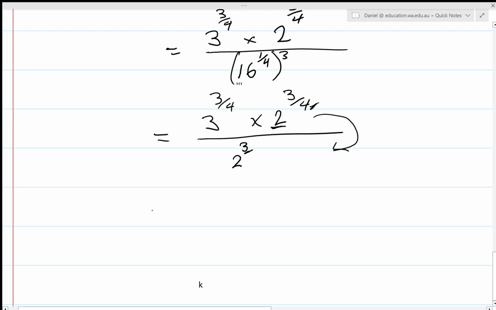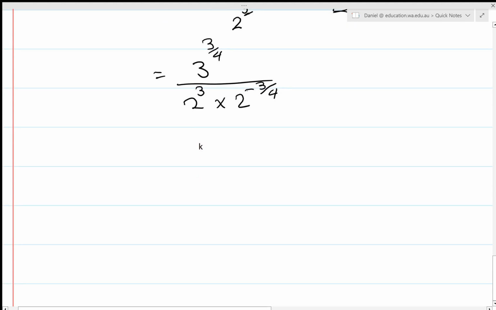Change the sign. Let's rewrite it. We're nearly there. 3 raised to 3/4 over 2 raised to the power of 3 times, now I've brought that 2 down, have to change the sign, negative 3/4.